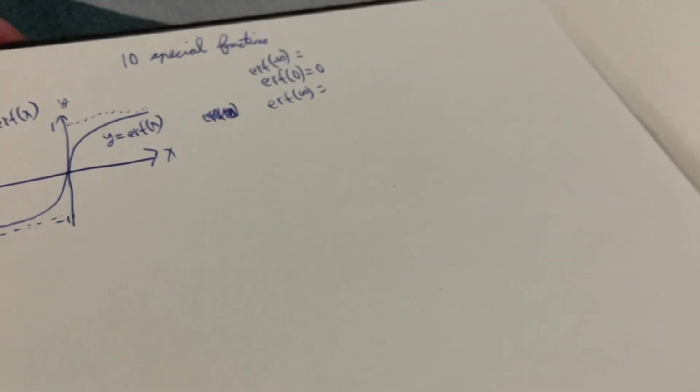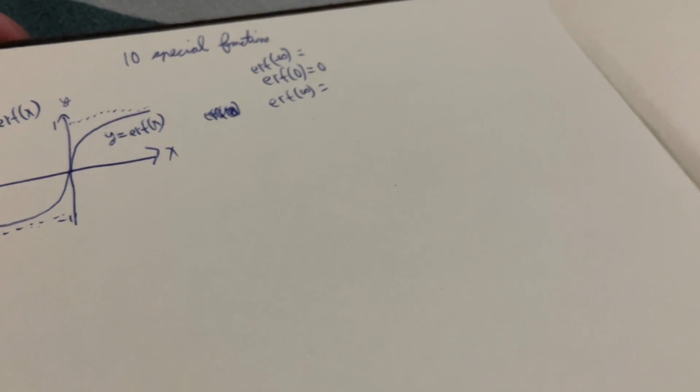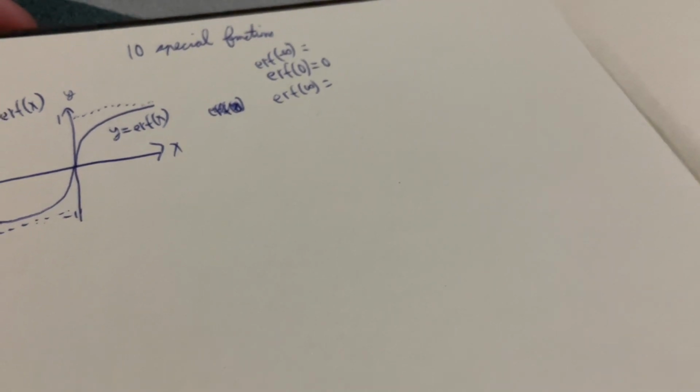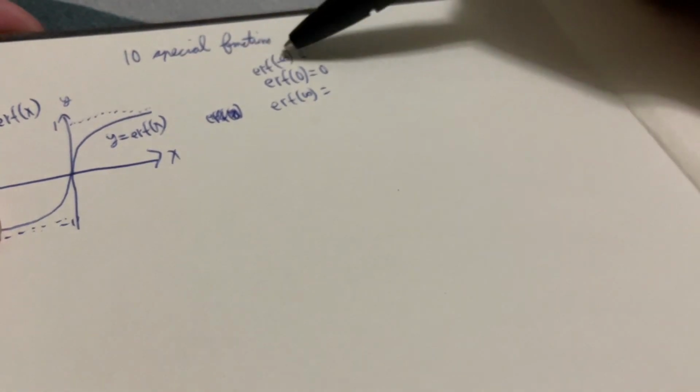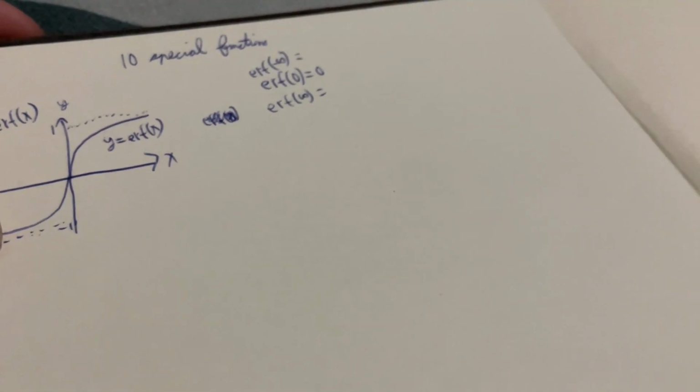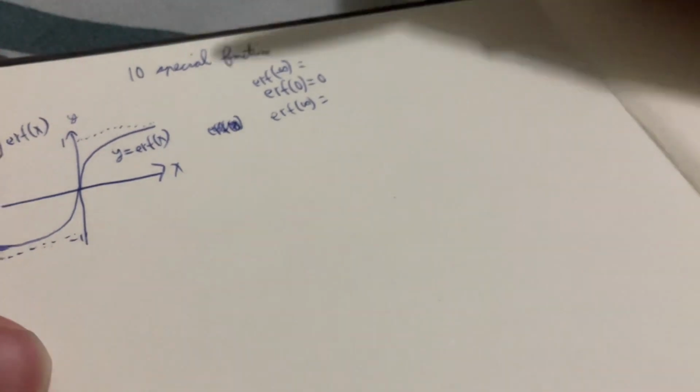Because I just want to do this faster. You can also just take the limit, but let me just consider infinity as a number. It's a number. erf of negative infinity.